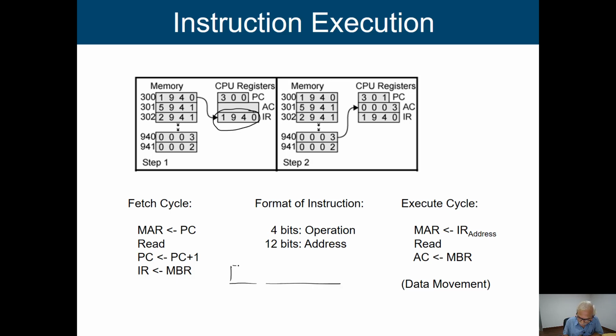It has two parts: the first part is 4 bits and the second part is 12 bits, total 16 bits. The first part indicates what operation we are going to perform, and the second part gives the address of the operand.